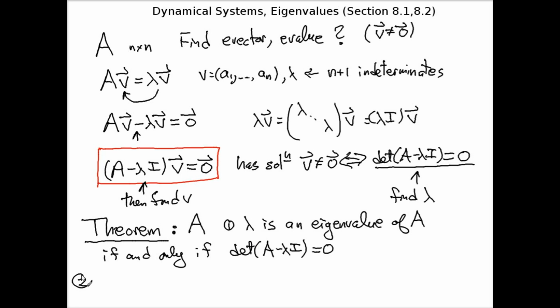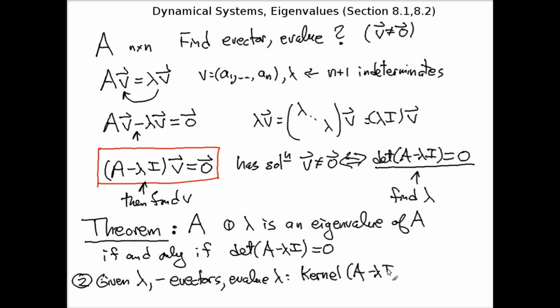And secondly, given such a lambda, the corresponding eigenvectors with eigenvalue lambda are exactly the kernel of the matrix A minus lambda times the identity, i.e., the vectors which satisfy A minus lambda times the identity applied to that vector is 0.